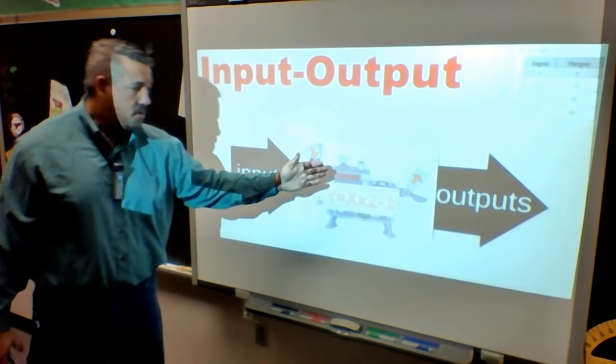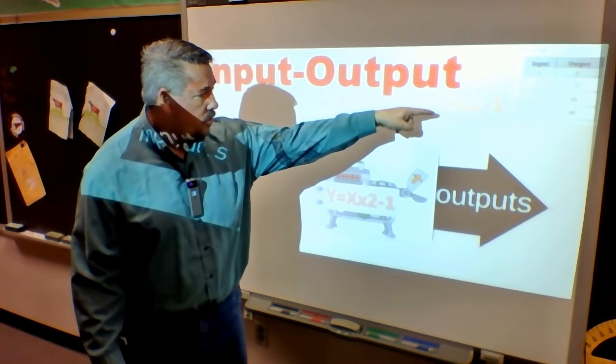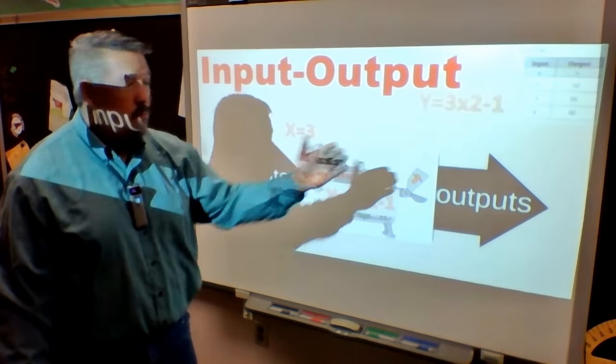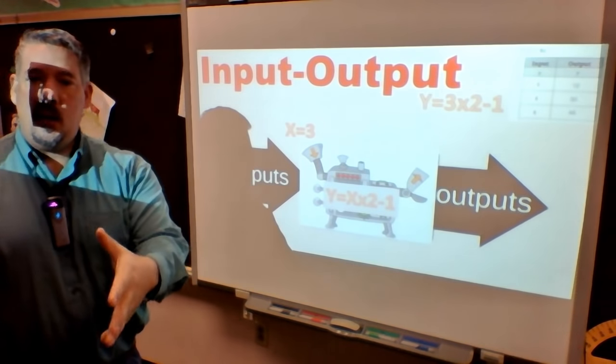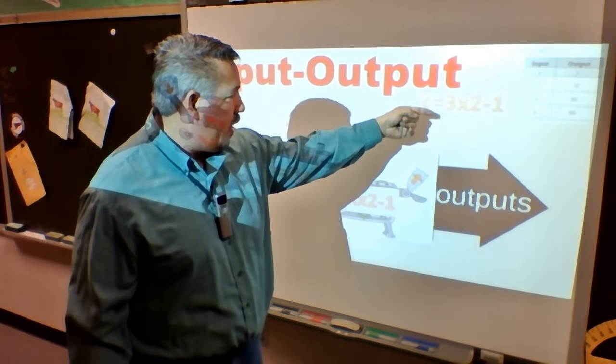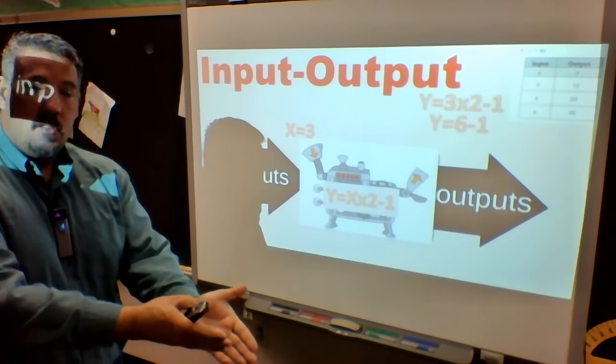We do the process, we do the work. And when I do the work and I substitute my 3 in, that's going to give me my output. That's my y, my final answer, my dependent variable. I'm going to take y is equal to 3 times 2, because I know I have to multiply before I add and subtract.